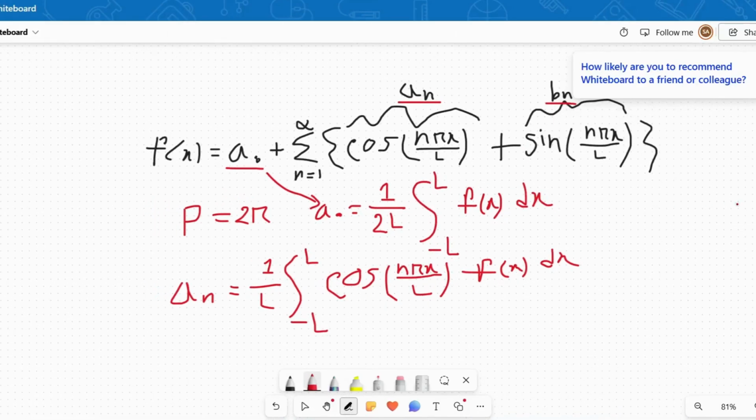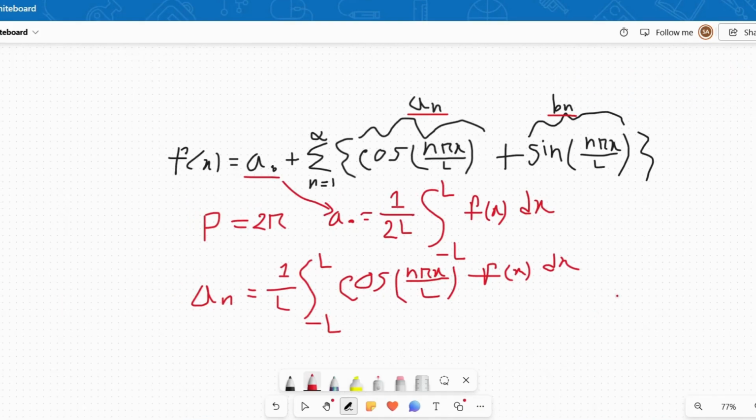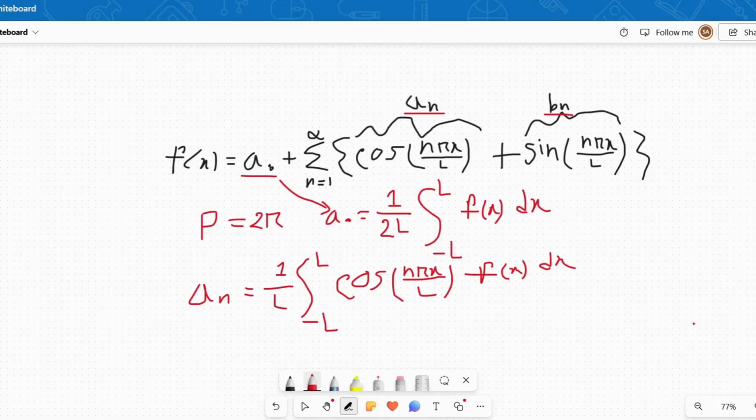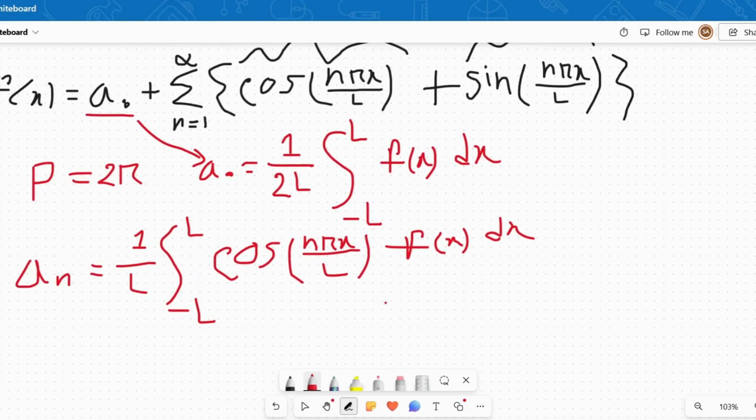And now let's write the formula for Bn. Bn equals 1 by L integration of minus L to L, same as AN. Just one change here.